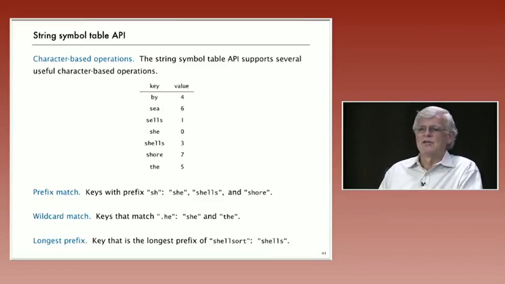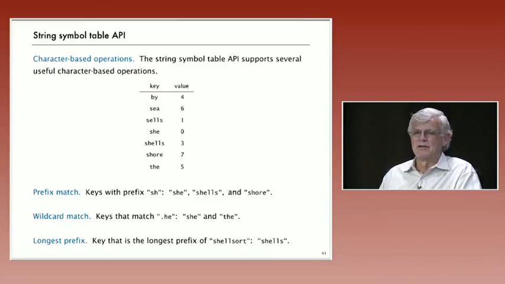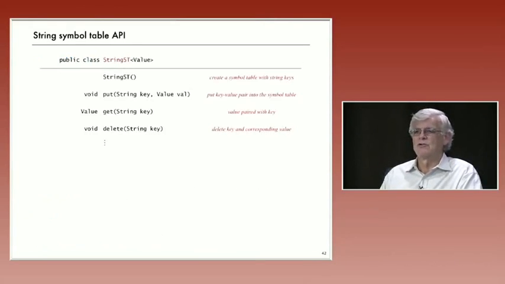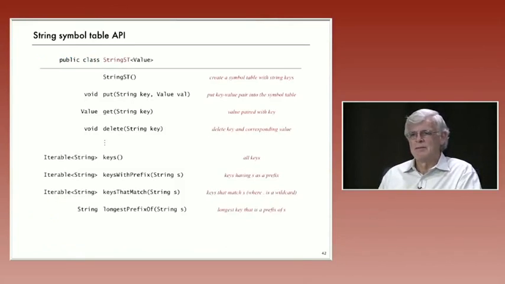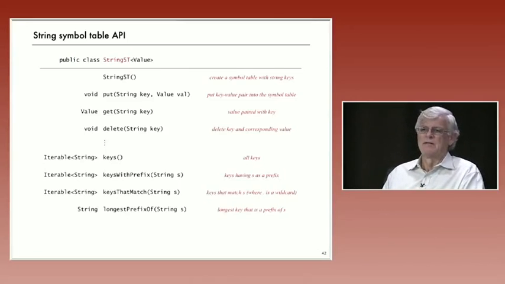And later on, we're going to see applications of some of these. And the important idea for now is that these are easy to articulate, and not only that, they're easy to implement with tries and ternary search tries. So we're going to take our standard API and add these four methods.